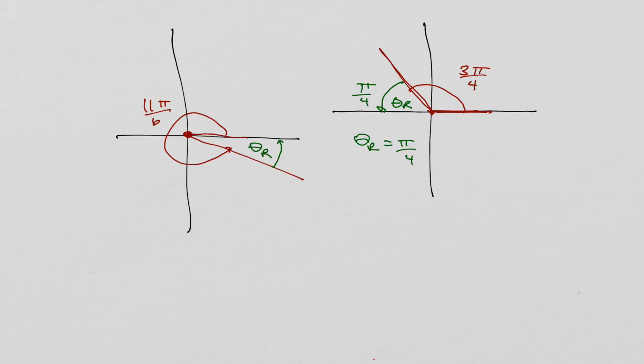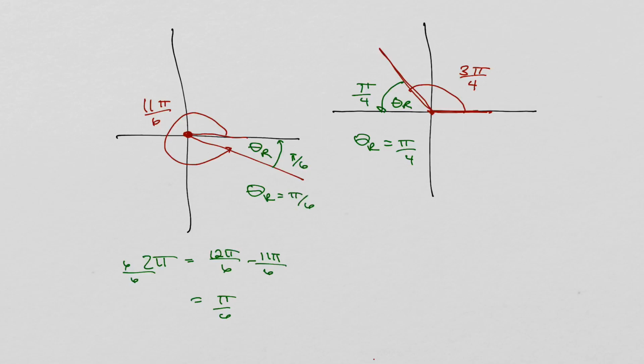If you remember, the distance all the way around the circle is 2 pi, which is the same thing as 12 pi over 6 if you multiply it by 6 over 6. And we've gone 11 pi over 6, so if we subtract that off, I'm just left with pi over 6 here. So that's my reference angle.